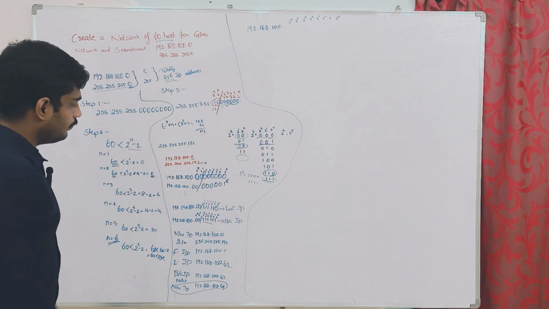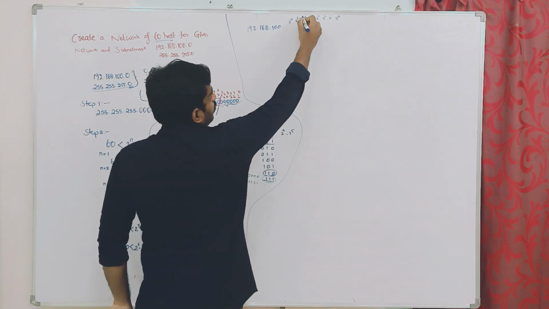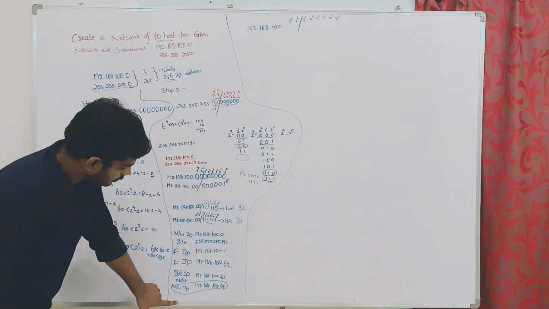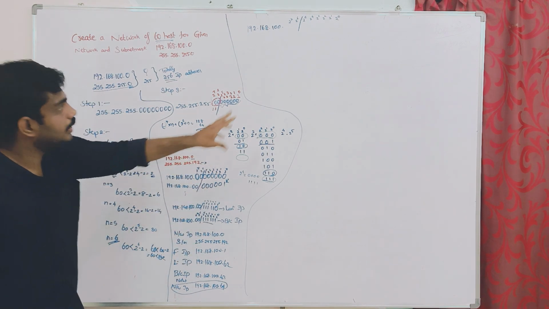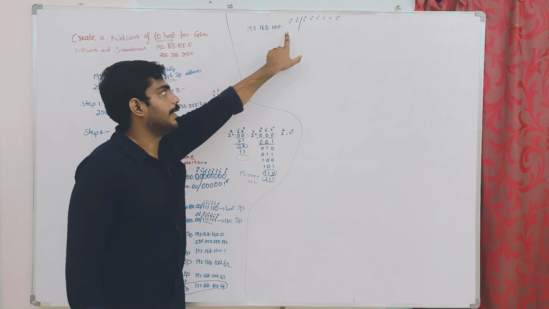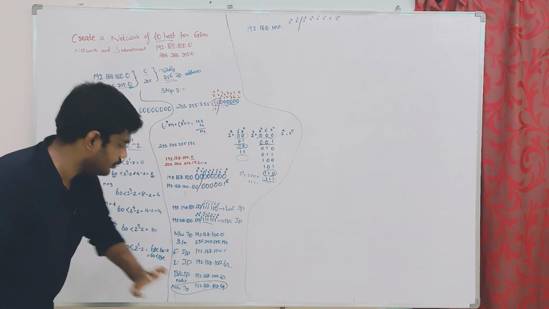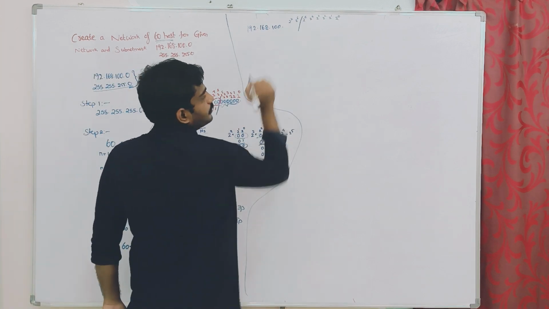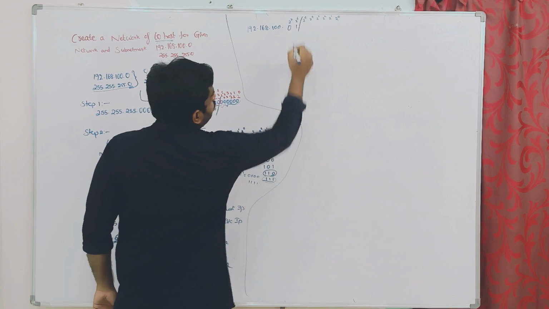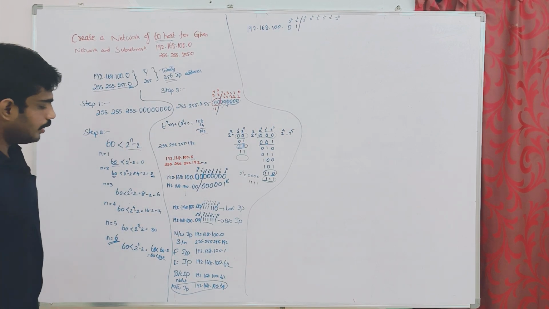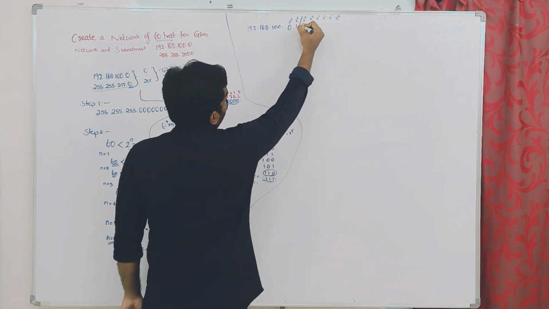We know these 2 bits are the network portion. Obviously this is the network IP, so this IP address will come with these 2 bits only. You just focus on what is 64. 2 power 6 is 64. You just put 1 here and 0 here. The rest of the portion you keep as 0.